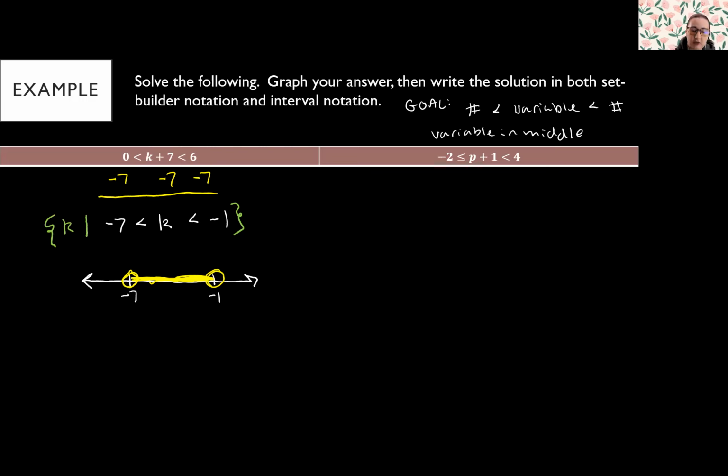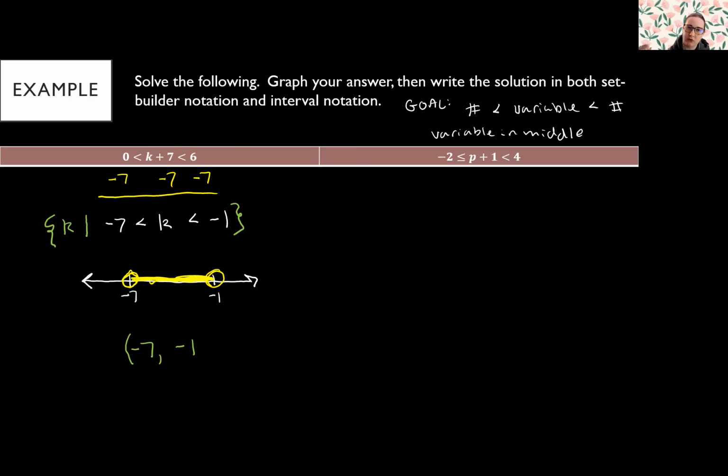And then interval notation comes from the graph. So if I read what I have shaded on the graph, I have an open circle at -7, and open circles are parentheses and they face where you're shading. So it's going to be a parenthesis facing to the right, starting at -7. And then I'm shading until -1, and I stop shading at -1.